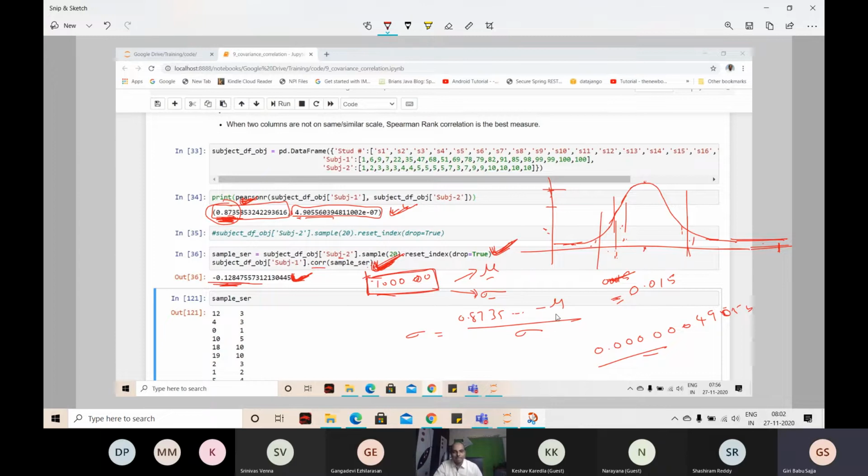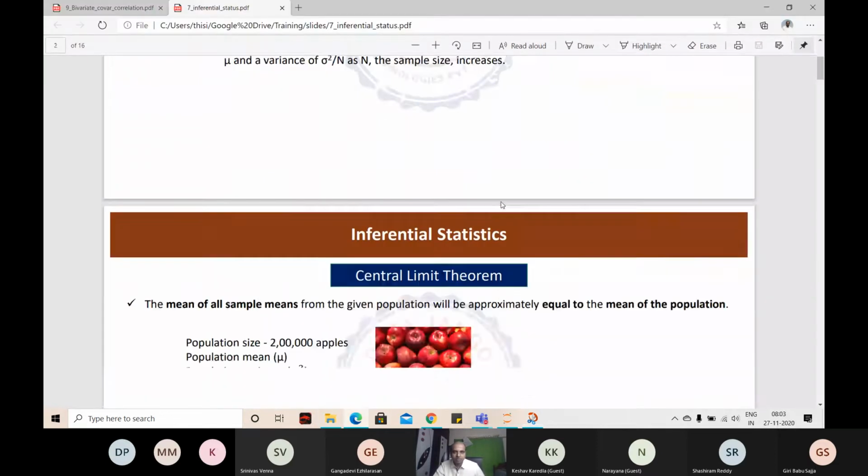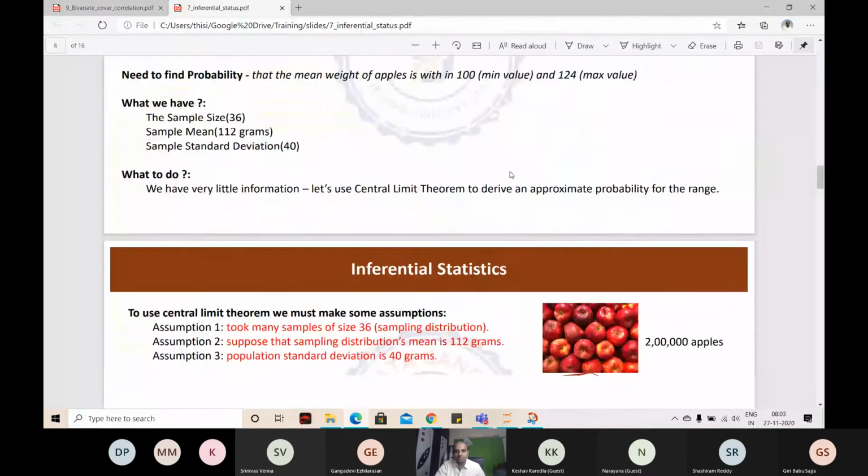So basically, considering the null hypothesis is true, we calculate lots of correlation coefficients with shuffling, and then for this particular value, when you calculate how much deviation, the number of standard deviations, then we'll get the p-value. Probability, right? I think you forgot that concept. I will just remind you of that.